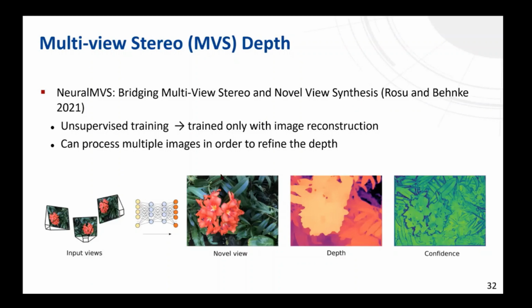It does not require supervised depths, but it is based on input RGB views with known poses, and then it trains to generate a novel view from a close by but different viewpoint.